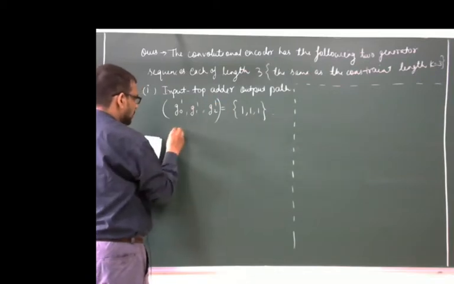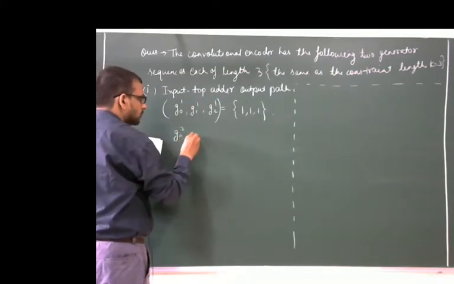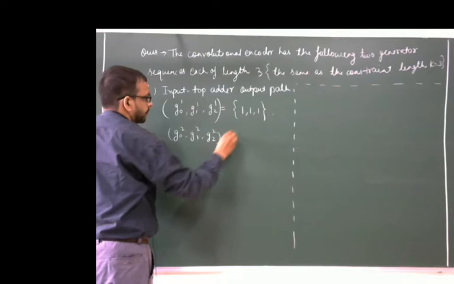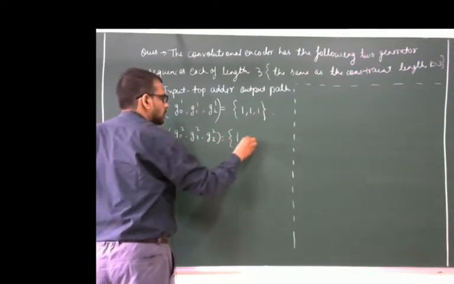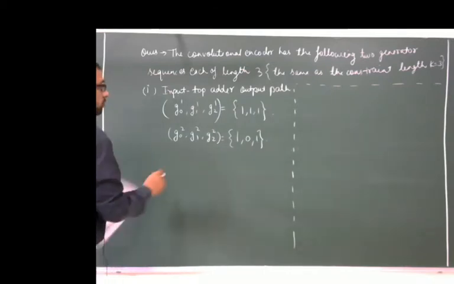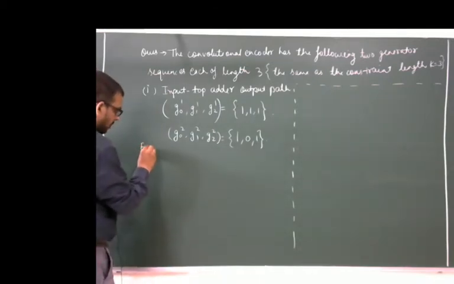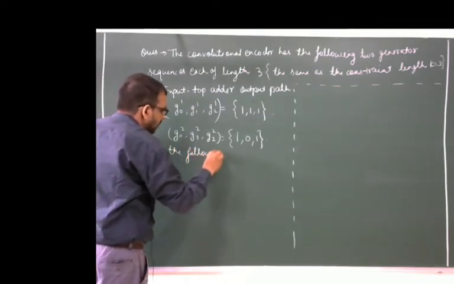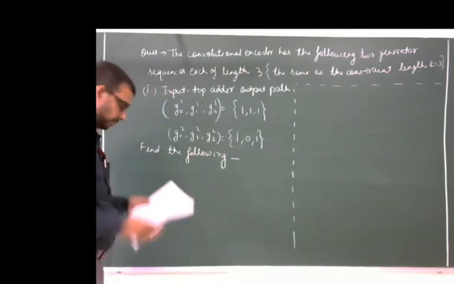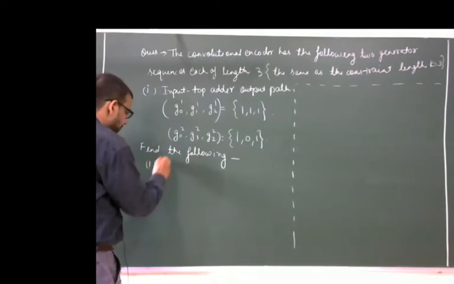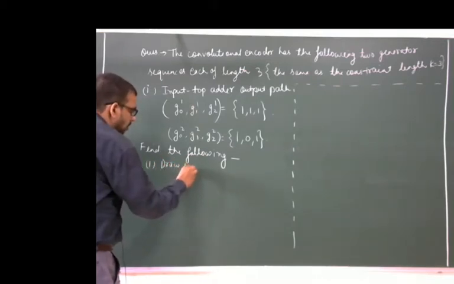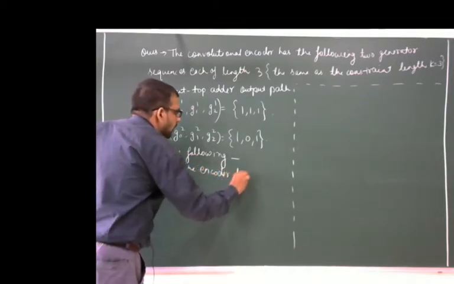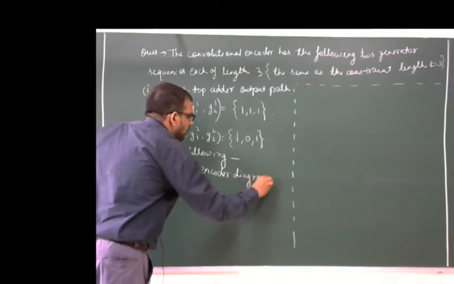Then next G02, G12 and G22 is 1, 0, 1. Now find the following. First one is draw the encoder diagram.